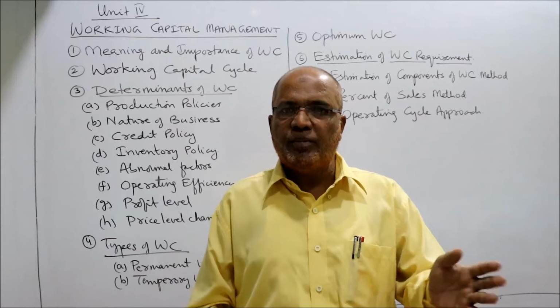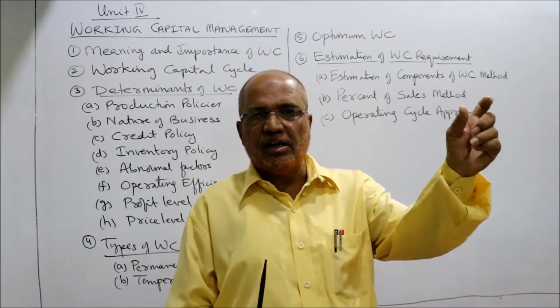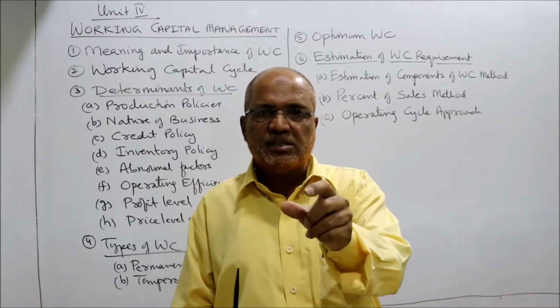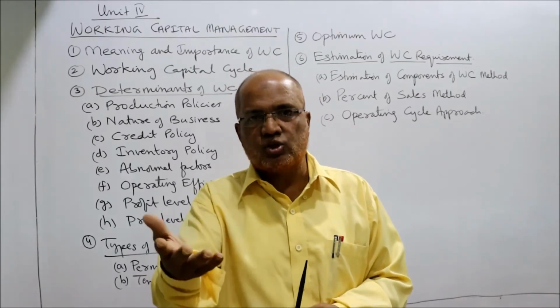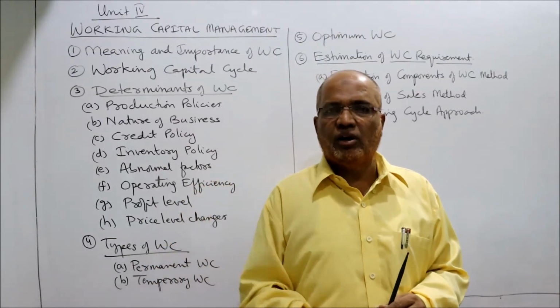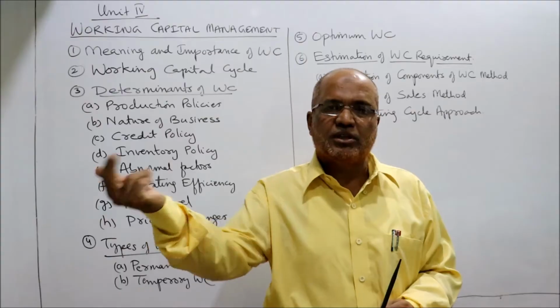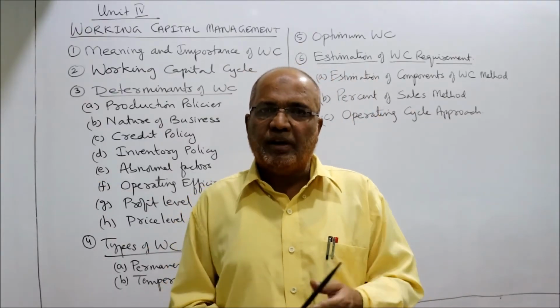Then finished goods will not be sold immediately. Suppose 1 month is the duration when the material is kept in the godown. 1 month is the duration when it's converted into work in progress, into finished goods. Then after completing it into finished goods, immediately it will not be sold. It will be kept in the showroom for sale. Suppose 1 month period is there.